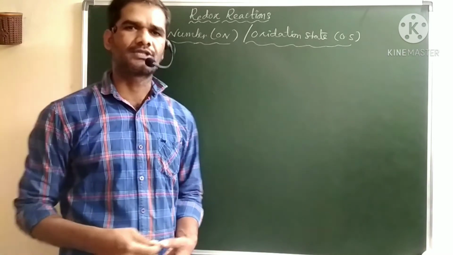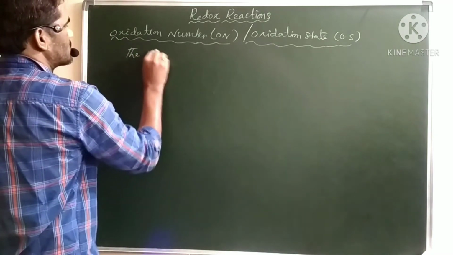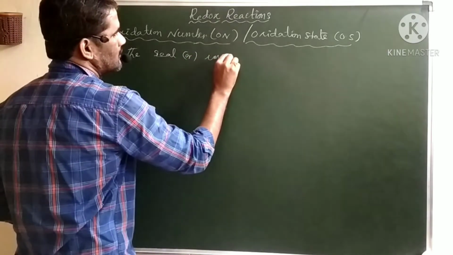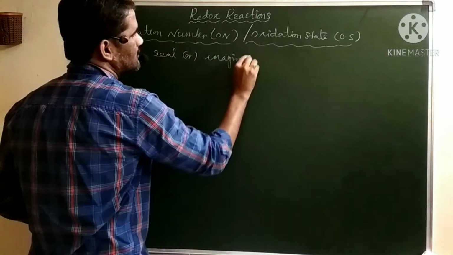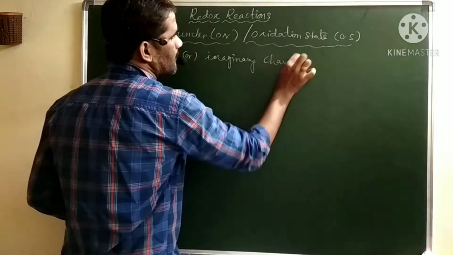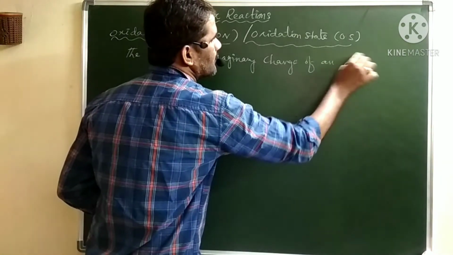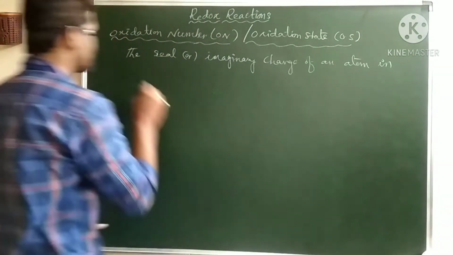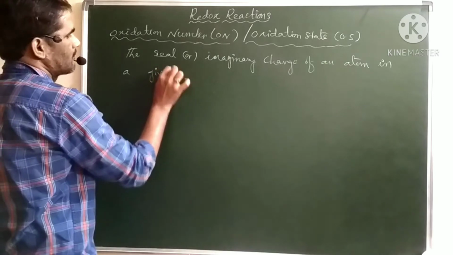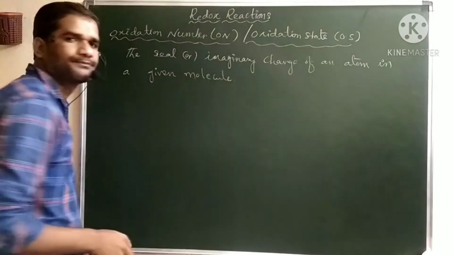Generally, the real or imaginary charge of an atom in a given molecule is called its oxidation state or oxidation number.